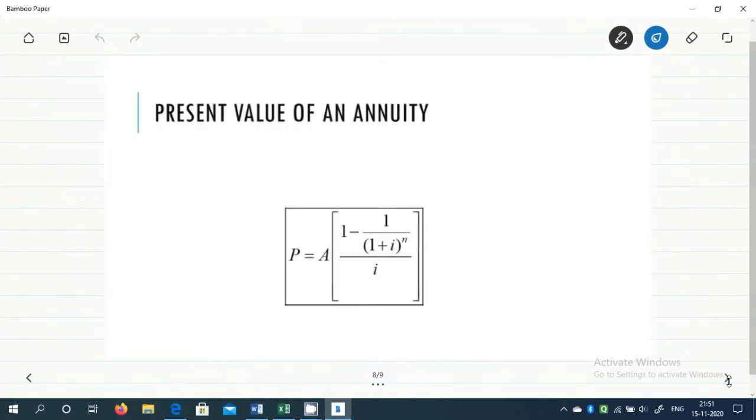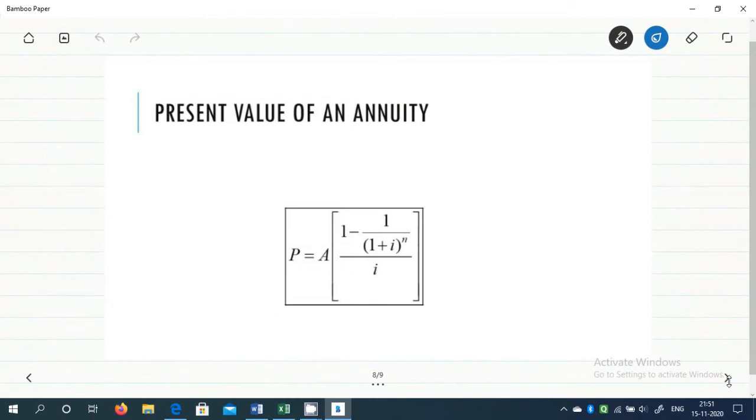Now we'll see how the present value of an annuity is calculated. Suppose, for example, a person receives an annuity of 5,000 for 4 years.